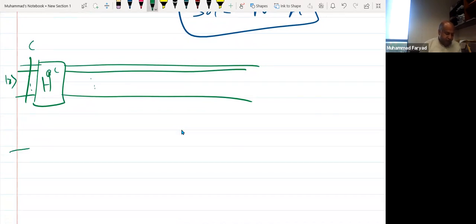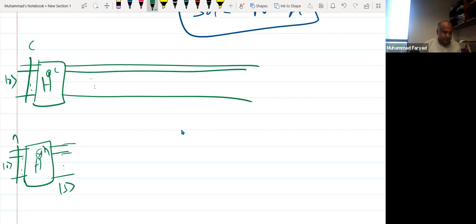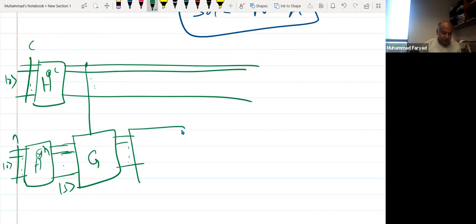But I have to prepare my state S. So let's say these are n qubits. I start from 0 and apply another Hadamard here also. Now this gives me state S, which is the superposition of all eigenvectors. Now I can apply the Grover, and then controlled by the second, Grover squared.